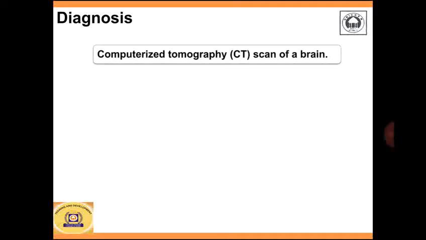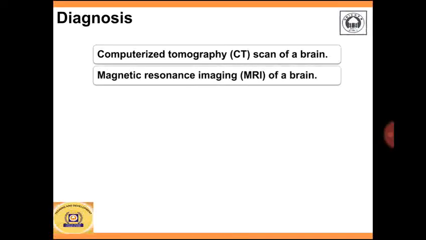As we see the causes, now we can see the diagnostics of stroke that consist majorly of computerized tomography, that we call CT scan of the brain, then MRI, that is magnetic resonance imaging of the brain.